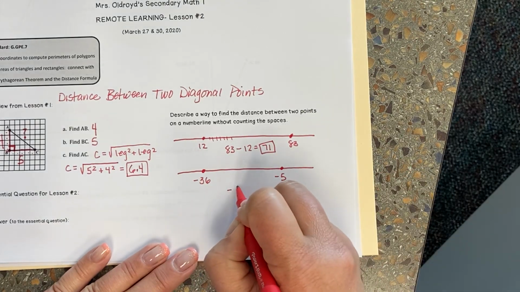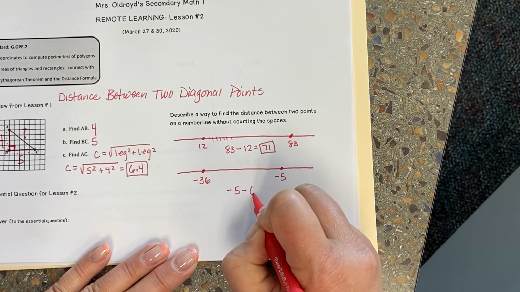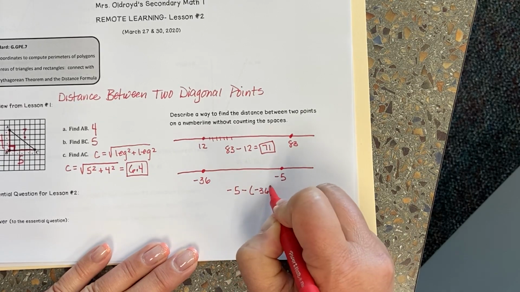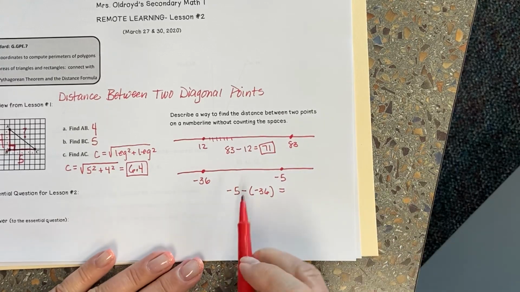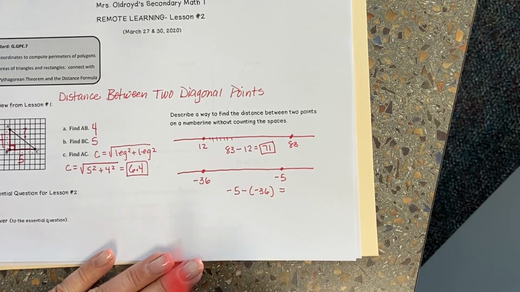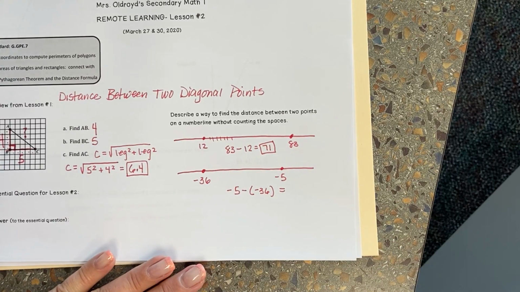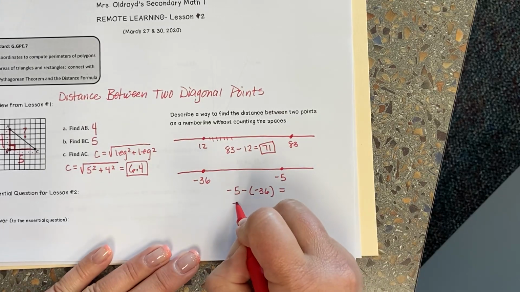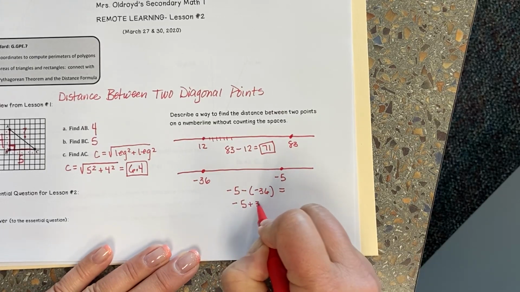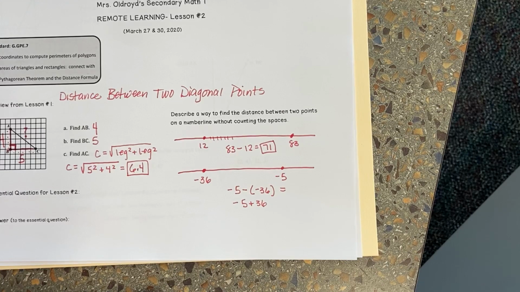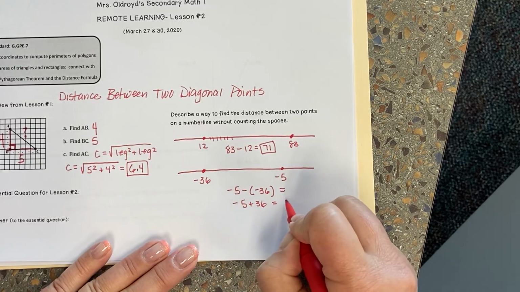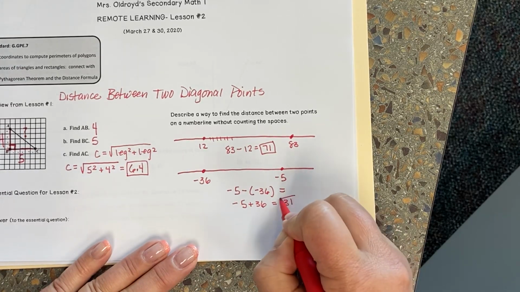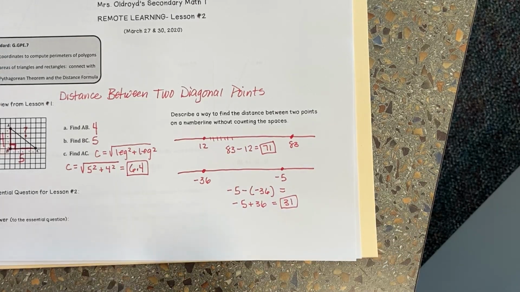So you're going to go negative 5 minus a negative 36 equals, now remember, those 2 negatives make a positive. So it's really negative 5 plus 36. 2 negatives make a positive. So they are 31 spaces apart.